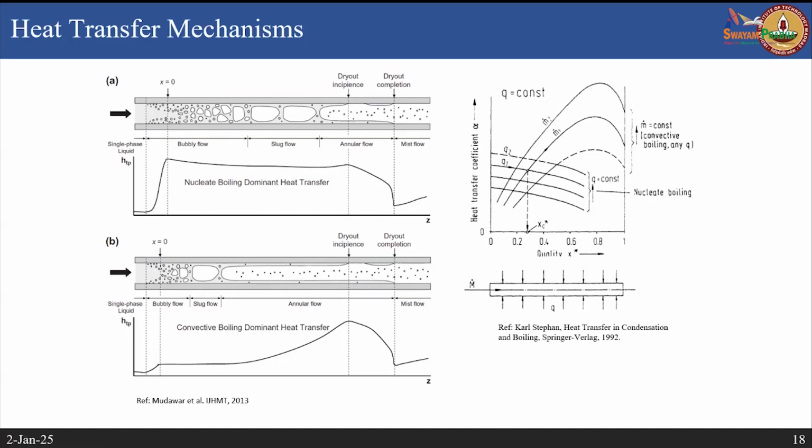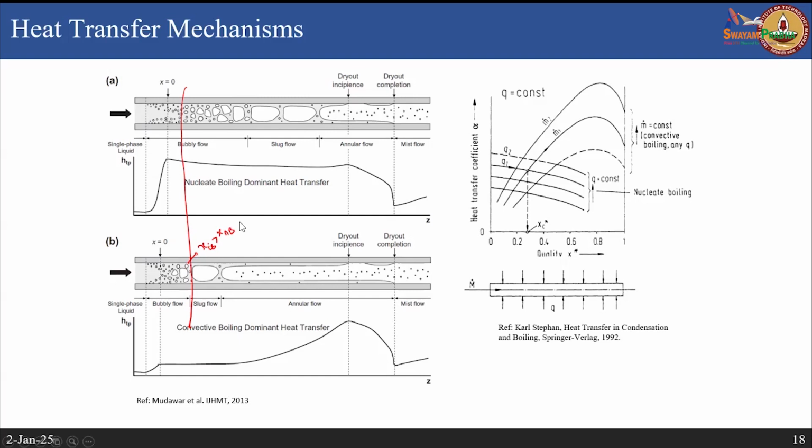At the same time, if you look at the quality of vapor, the vapor quality will be higher in the convective boiling dominant case, exactly at the same location. So, if I draw a line like this, my vapor quality X will be higher in the convective boiling compared to the nucleate boiling, right.